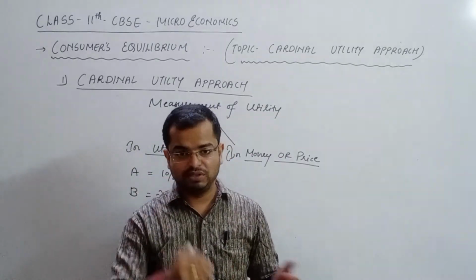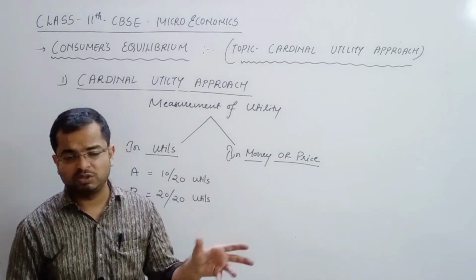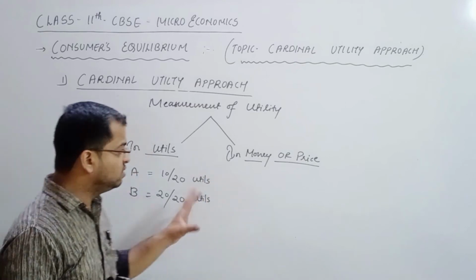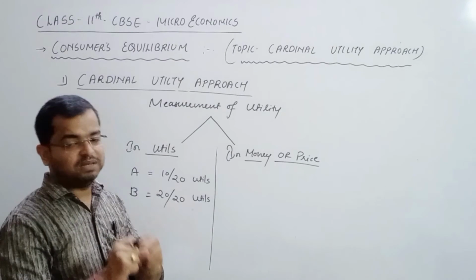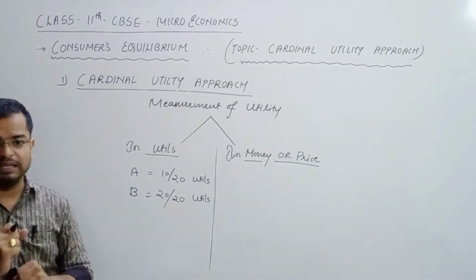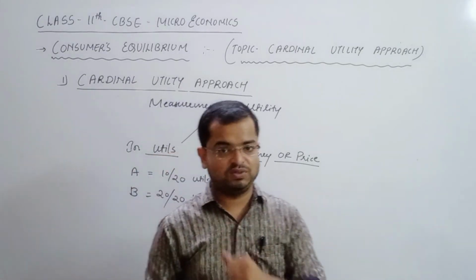So it differs from time to time, place to place, person to person. So this concept is not as acceptable for the calculation of utility as the concept of money and price is.